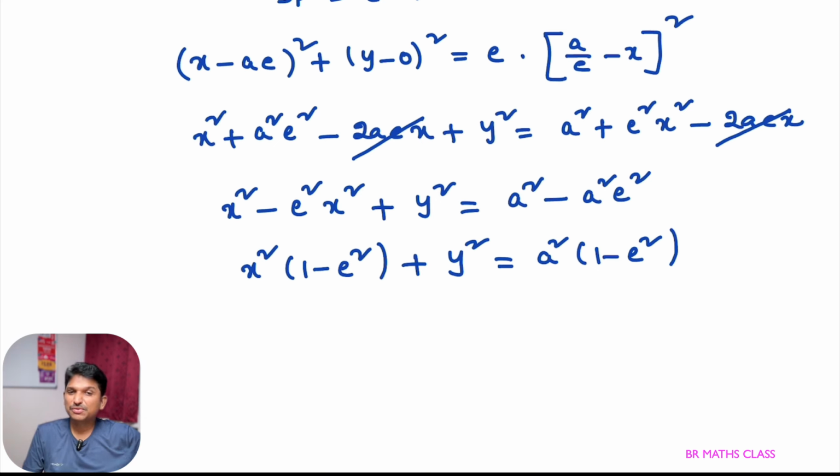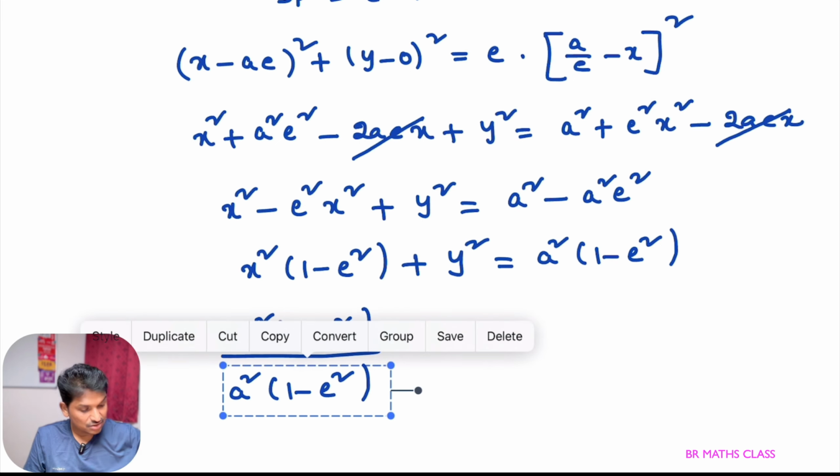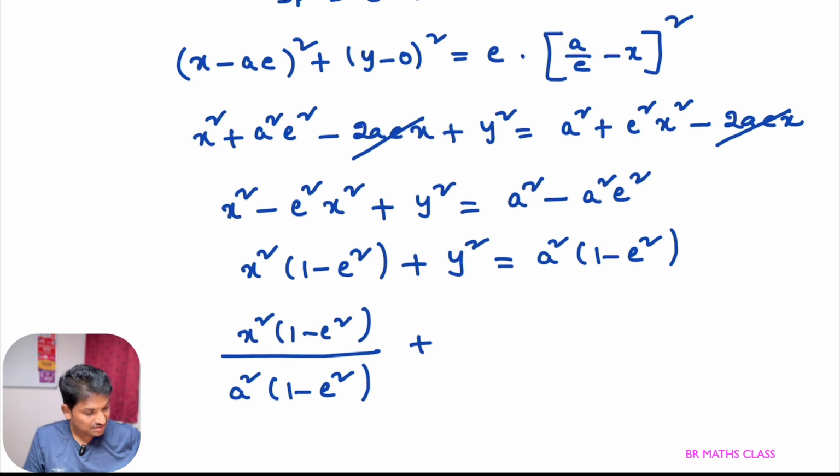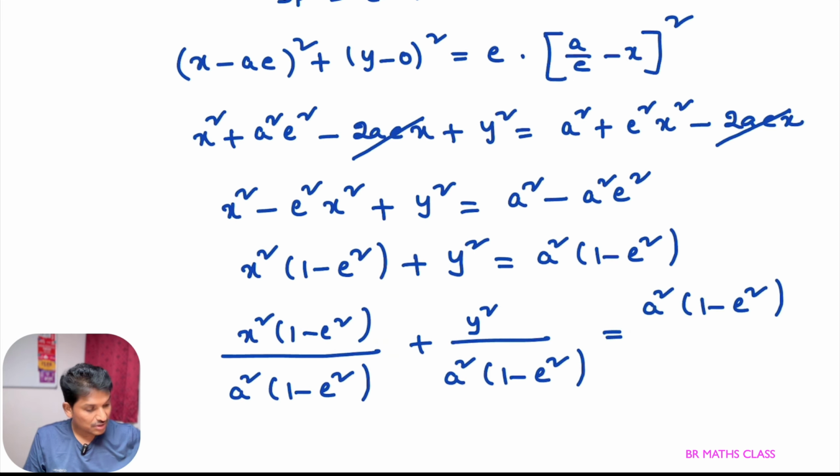Now a little bit of simplification steps. Now what I will do, this complete equation you divide with a square into 1 minus e square. Okay, x square into 1 minus e square divided by a square into 1 minus e square plus y square divided by a square into 1 minus e square equal to a square into 1 minus e square divided by a square into 1 minus e square.